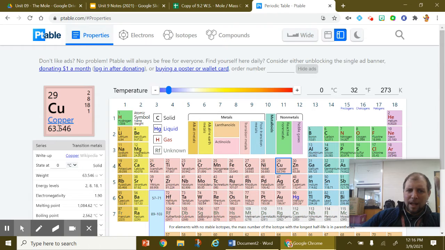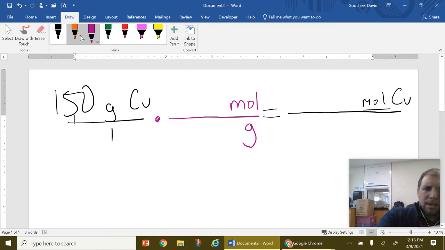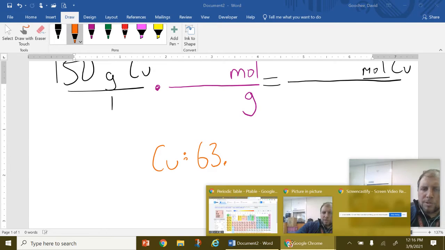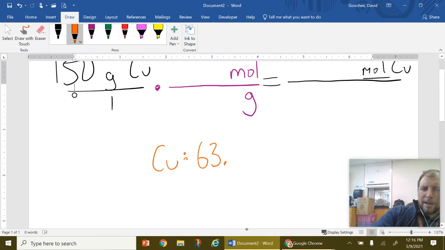Copper has a molar mass of 63.546, or 63.55 grams per mole.